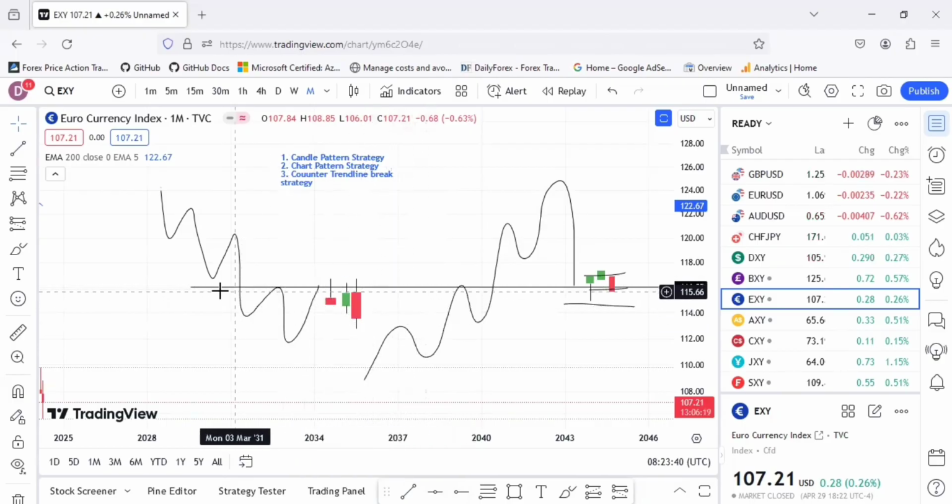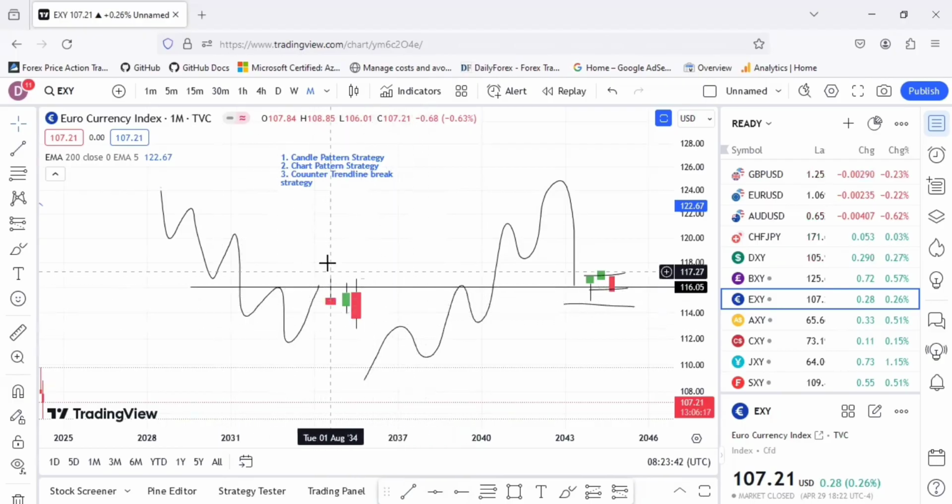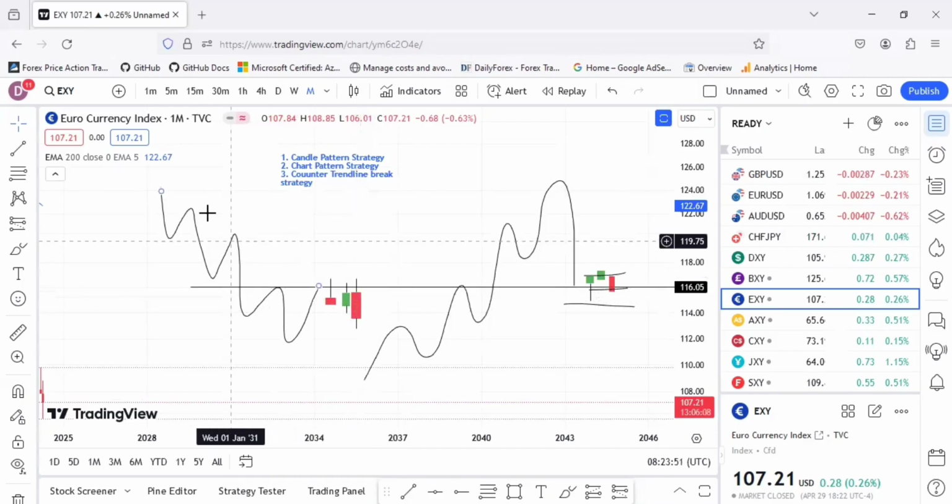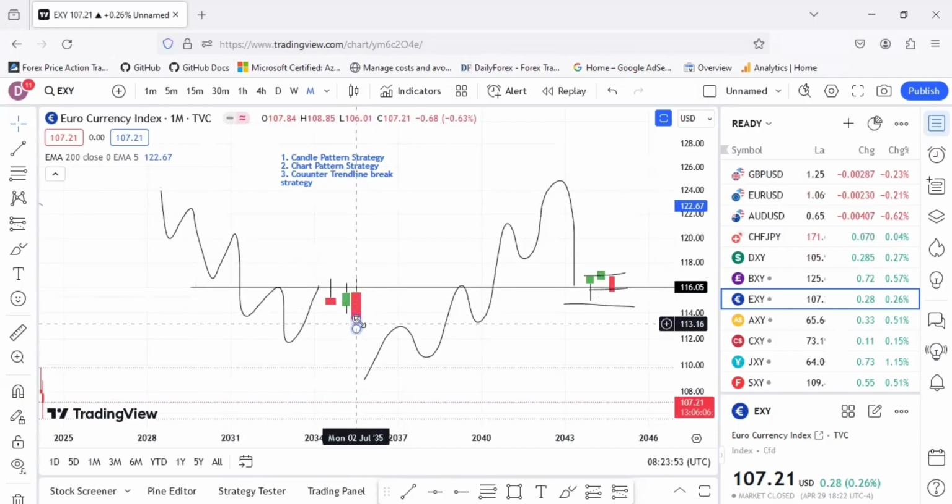So at your resistance, you might first of all see a rejection. Fine, even if you don't see any rejection, the moment you see this at your resistance level in a downtrend, okay, the market has informed you that it's going south, that it's going in the sell direction.